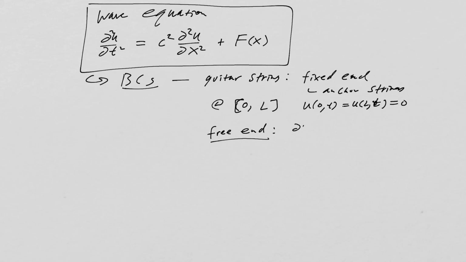This is a little bit stranger, but this is where you set the derivative at the endpoints equal to 0. You still have to keep them a fixed distance apart, but what you've allowed them is to basically move on tracks so that there's never any slope at the endpoints, so that your string can slide up and down. They're not fixed at any specific anchor. So those are the boundary conditions for the wave equation.